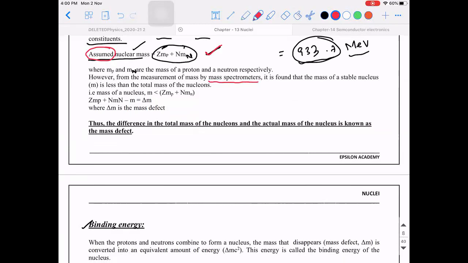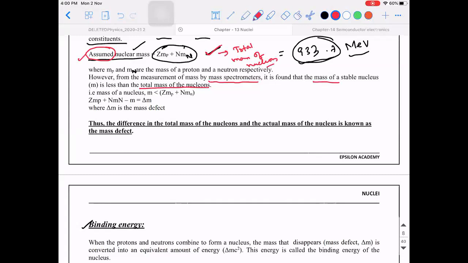So when you take a stable nucleus, means the one which does not get disintegrated. Okay. Stable nucleus comes from a stable atom. It's found that the mass of a stable nucleus is less than the total mass of the nucleons. So this is called as total mass of nucleons.